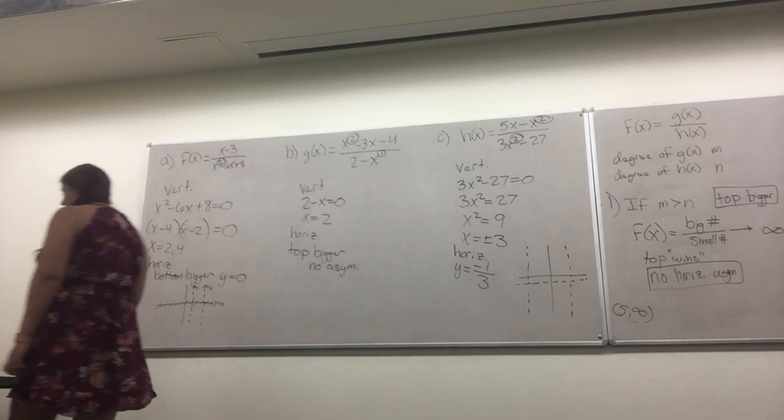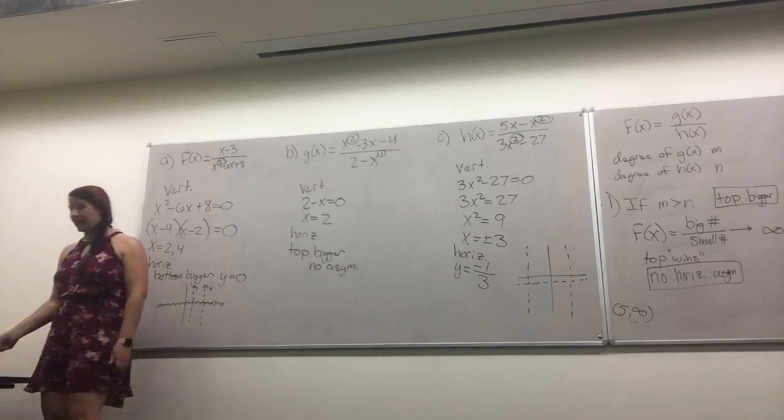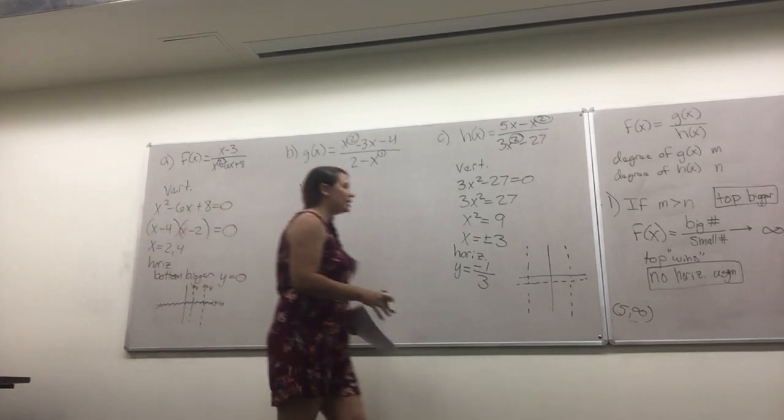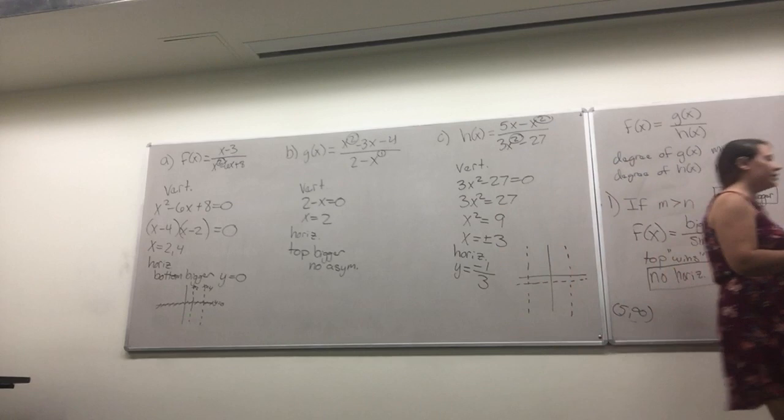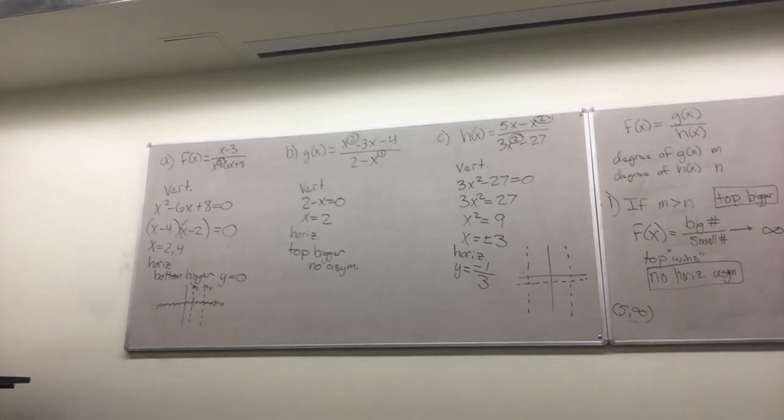So we haven't had any that have been like this yet, but the only thing that you have to check with this is if the vertical asymptote value, whatever that is, does it make the top equal 0?